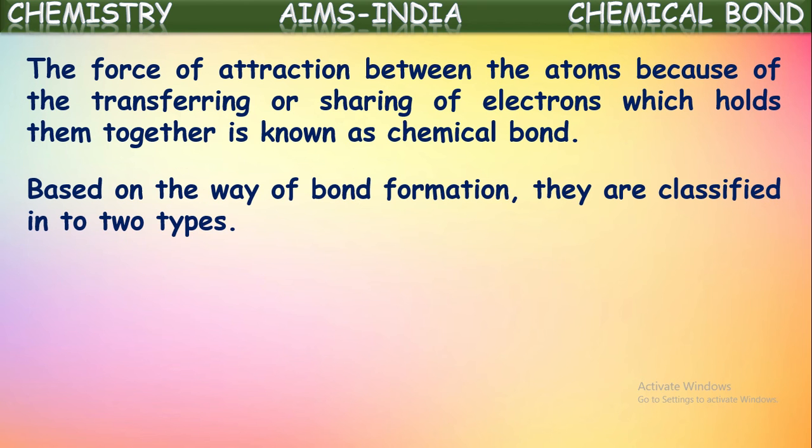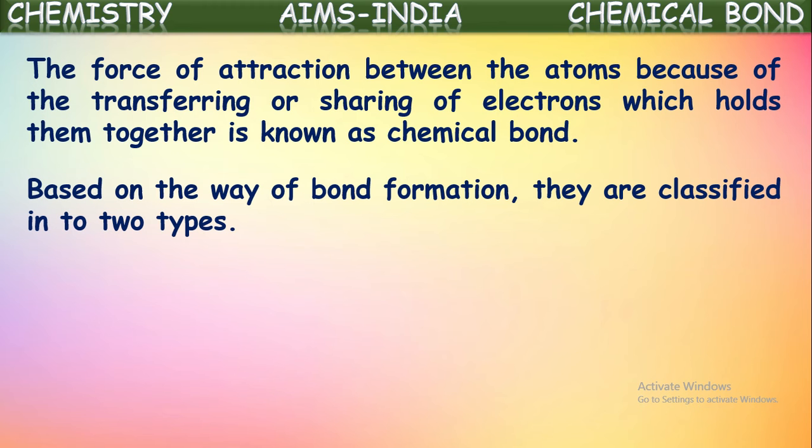Based on the way of bond formation, as we told here, different ways are happening. The attainment of octet configuration or duplet configuration by the elements happens in different ways. That is, one by transferring electrons, the other by sharing of electrons.